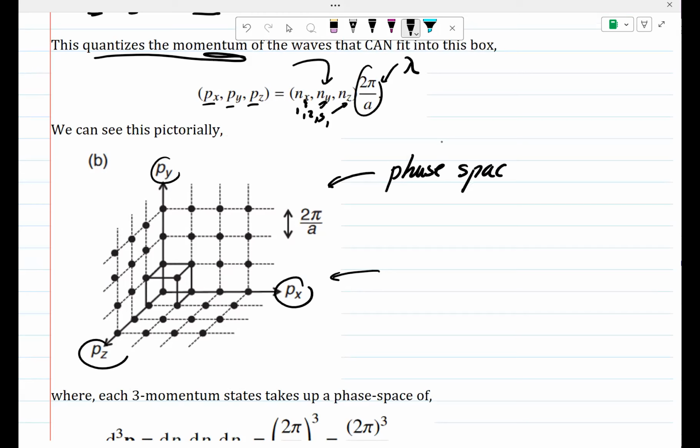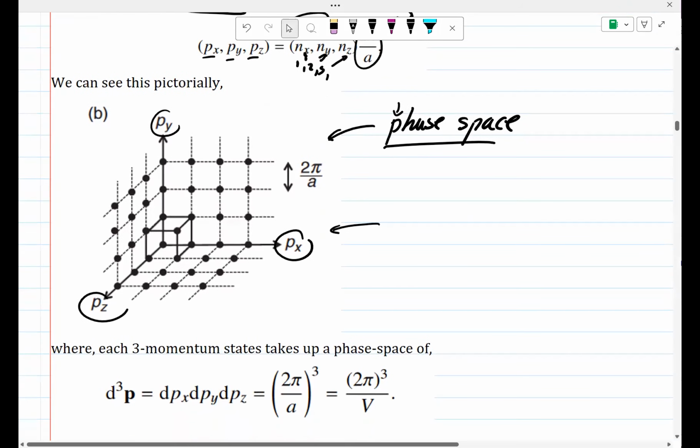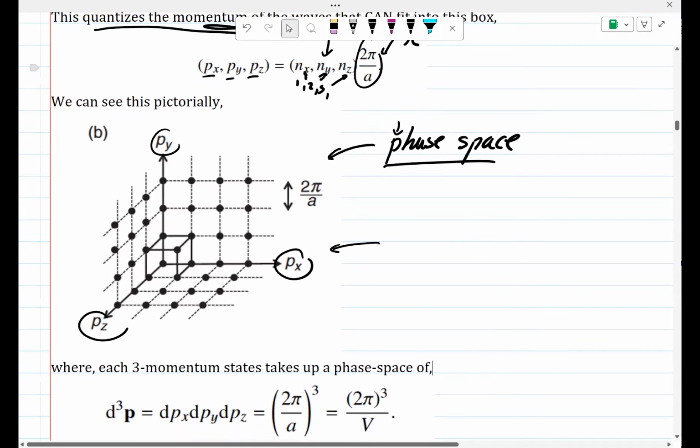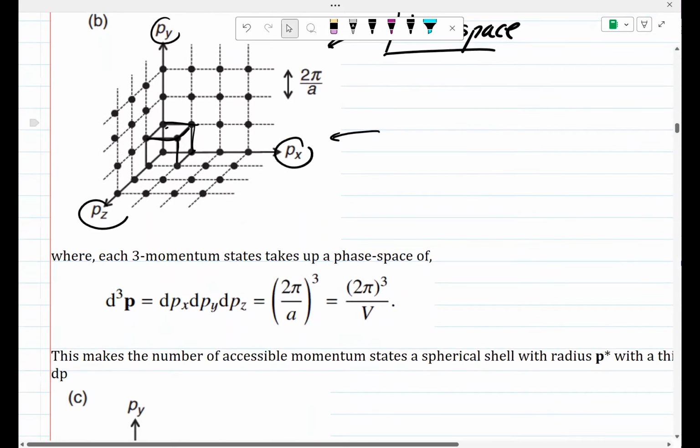When people say phase space, just associate the P with momentum, and then you see that, oh, it's phase space, right? Since we're dealing with multiples of these momenta, each of these momenta takes up kind of like one cube in this phase space, okay?